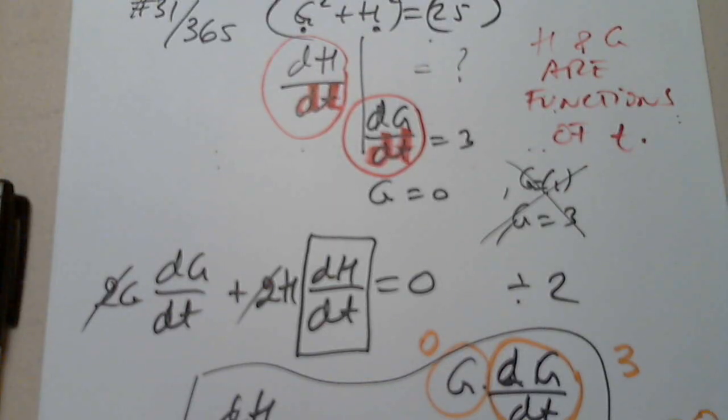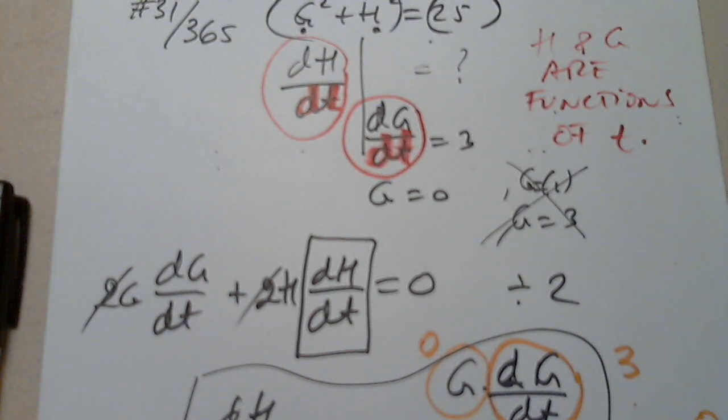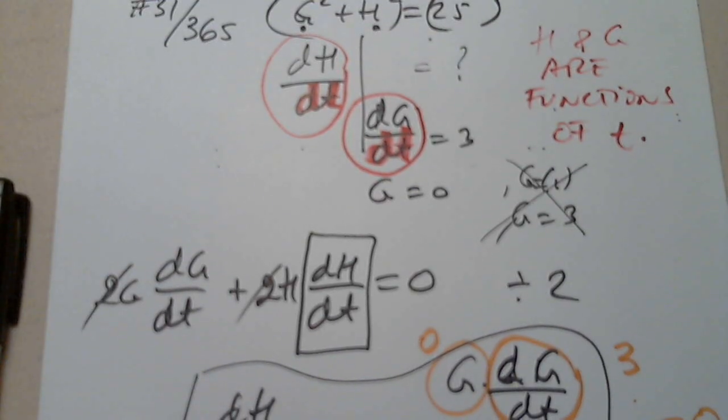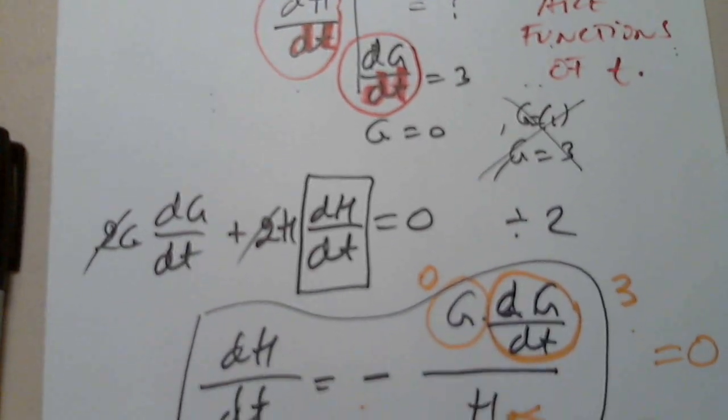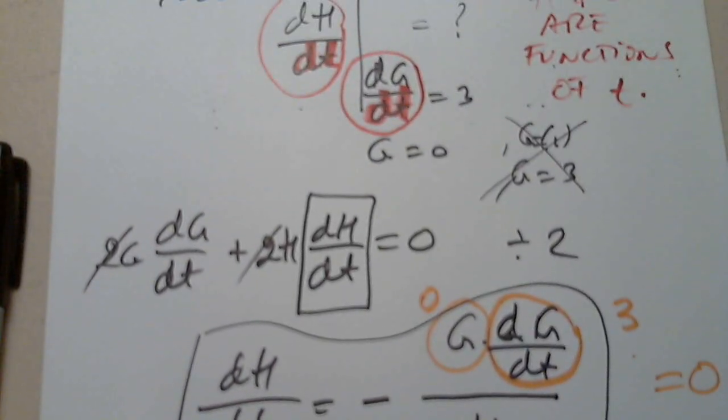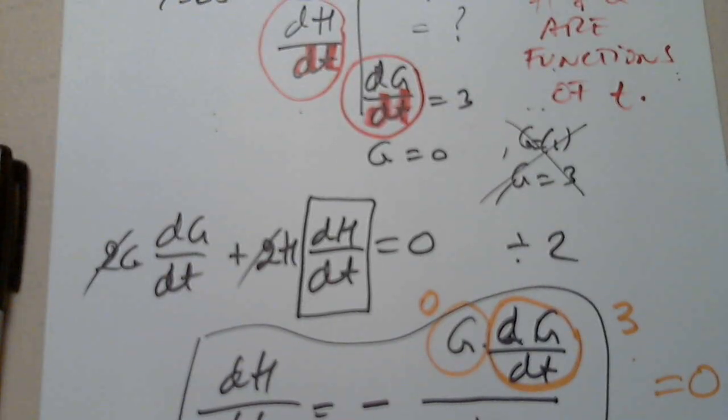The answer will be 0. Why? 0 times 3 is 0. 0 divided by 5, no matter what the sign is, is 0. So I found an expression for the derivative dh over dt, which was really simple. And then all I had to do is plug in the numbers that were given to us.